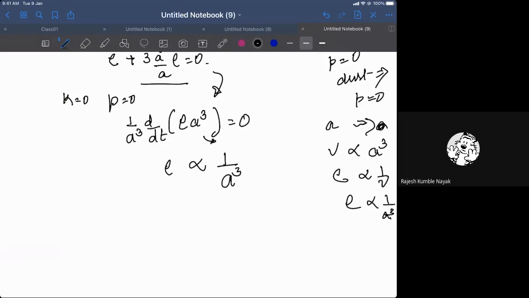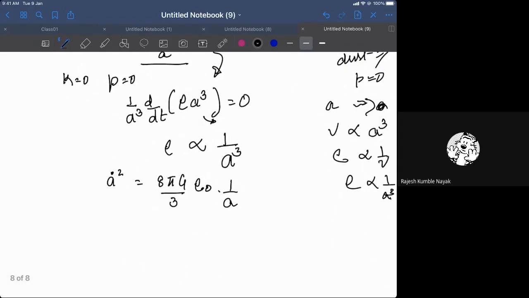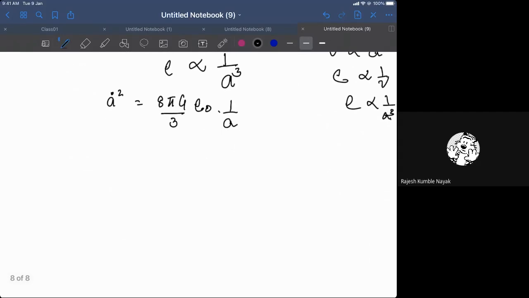We can write a dot square as 8 pi G by 3, and we can introduce a constant rho naught, and then a. So this is what you can do with this equation. We can simply redefine rho naught in a convenient manner. There is no big deal about this.